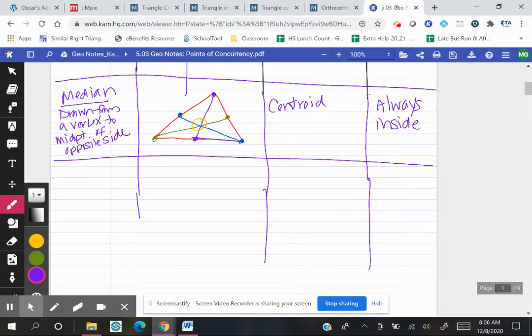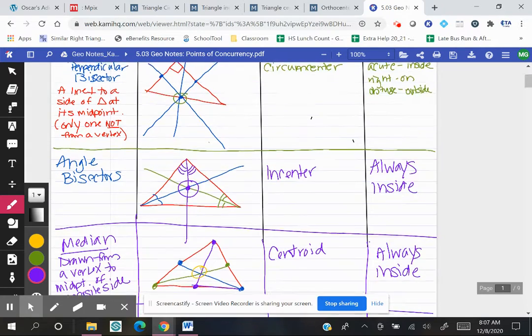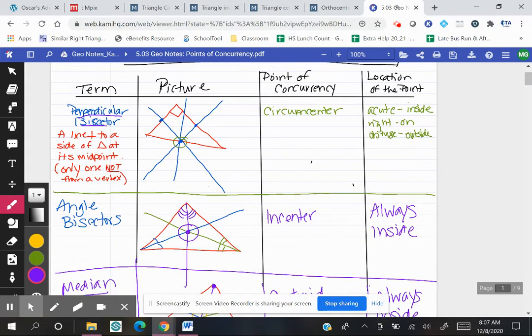And the last one we're going to talk about is an altitude. You probably think of altitude, you're thinking height, and it is drawn from a vertex and is perpendicular to the opposite side. This one is sometimes confused with perpendicular bisectors because they are both perpendicular.